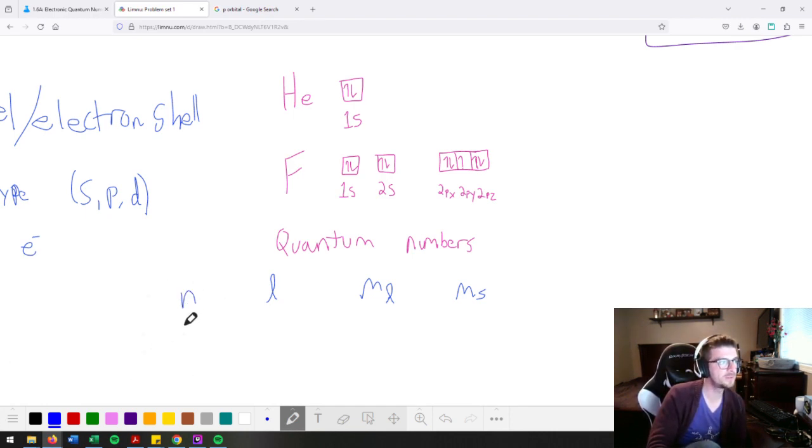So n can be any integer greater than 0, and it starts at 1, and n is the energy level.